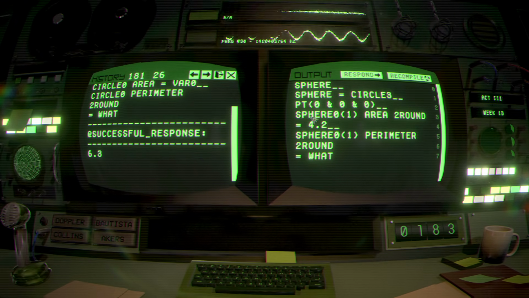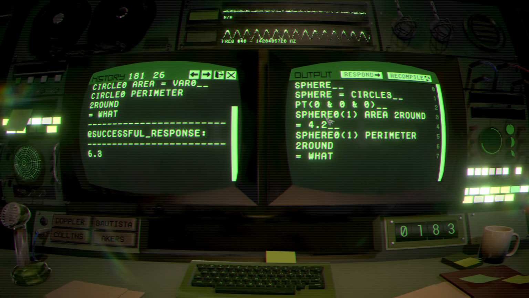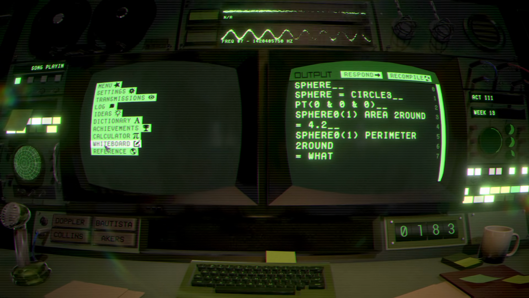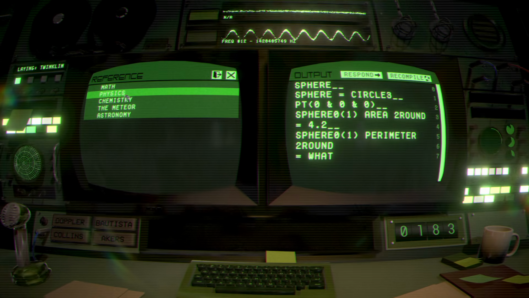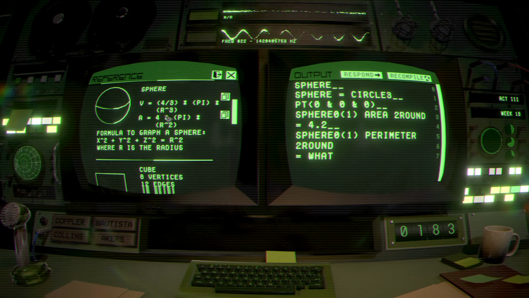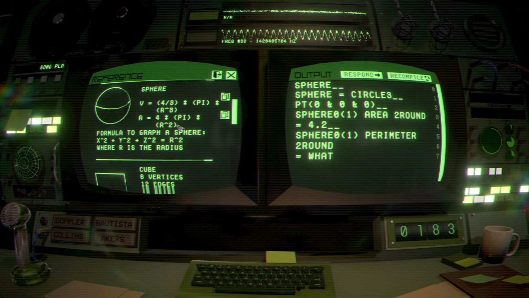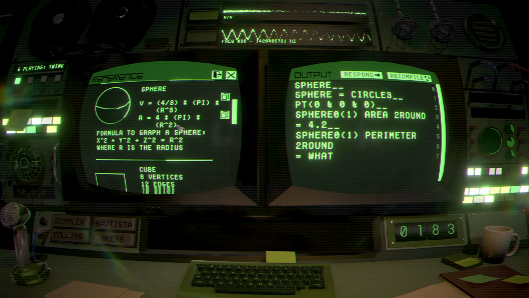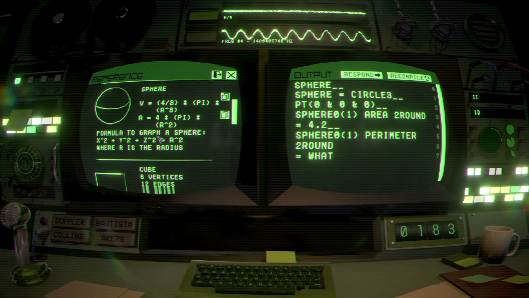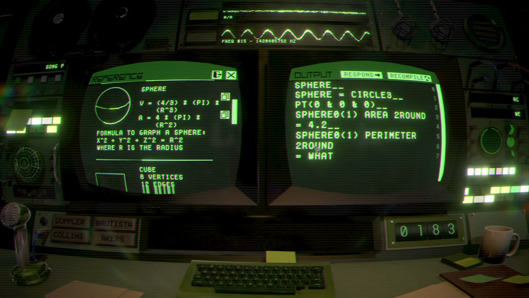Let me see. Let's go back and see. What is the area telling us? Math, 3D geometry: area equals 4 times pi times radius squared.